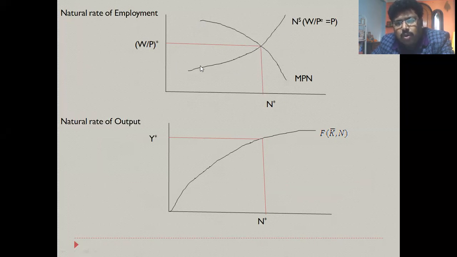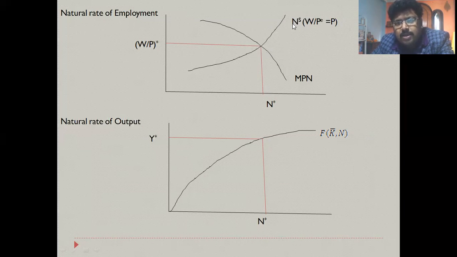But consider one thing: the supply of labor is determined by the real wage, and there is another thing: the expected price level is equal to the actual price level. This is the fundamental idea of the labor supply curve in the natural rate theory.